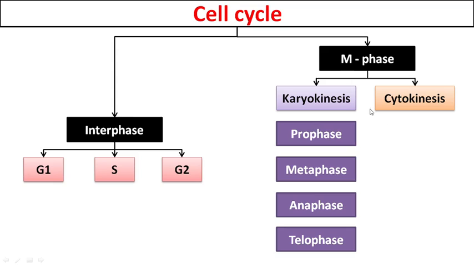Karyokinesis, which is the division of the nucleus, is again divided into four parts: prophase, metaphase, anaphase, and telophase. Clear? Do not worry, we will go through all of these one by one. Let us start with interphase, and in that G1.